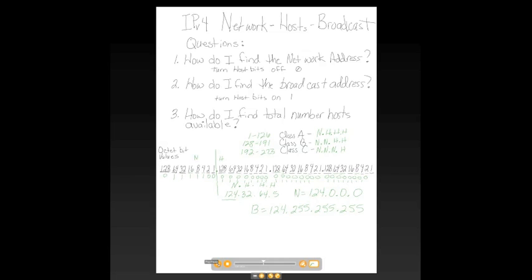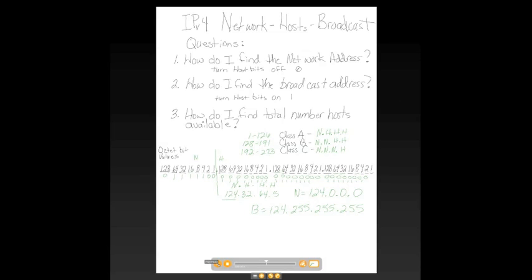That means any device within the network would be numbered between 124.0.0.0 through 124.255.255.255. And if you look, the address that was given to us was 124.32.64.5, which falls in between the two.